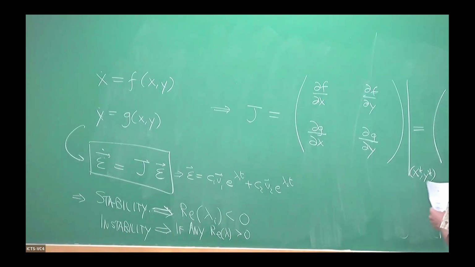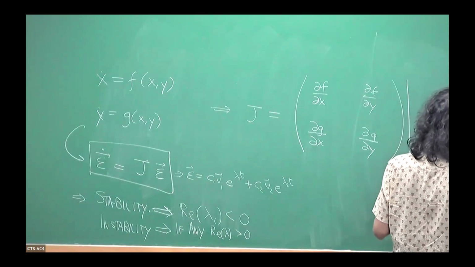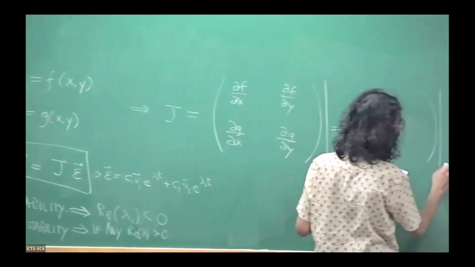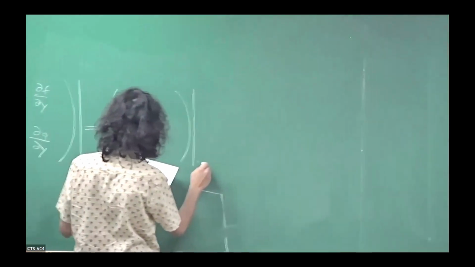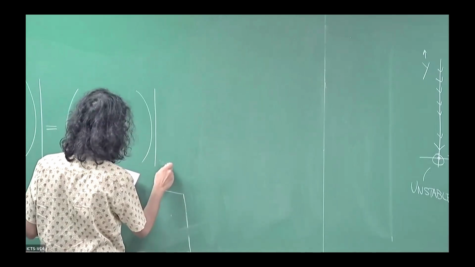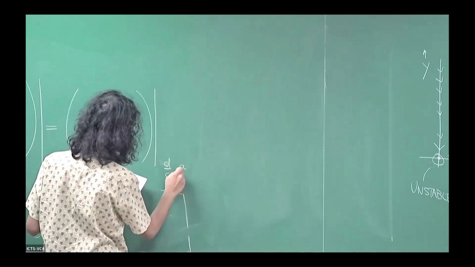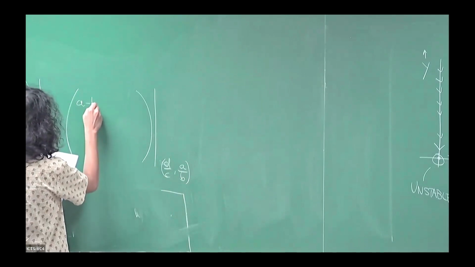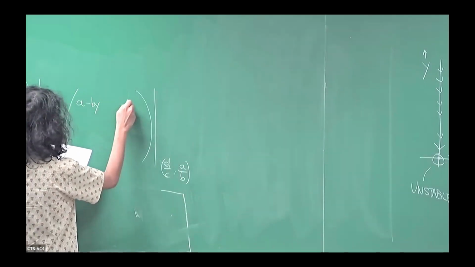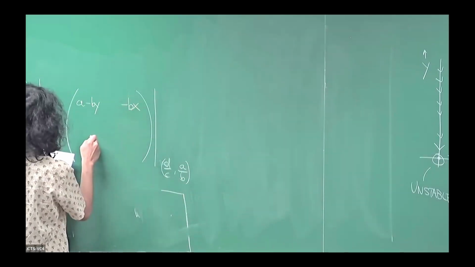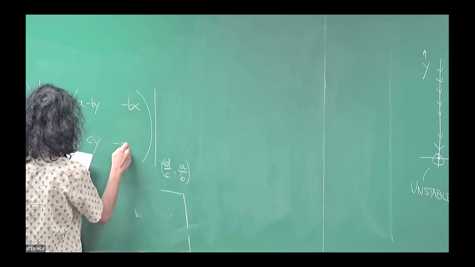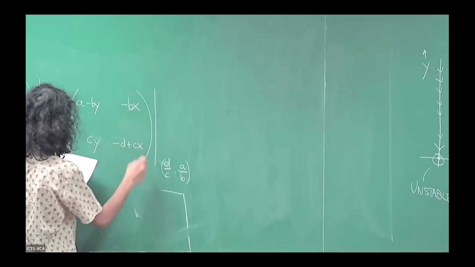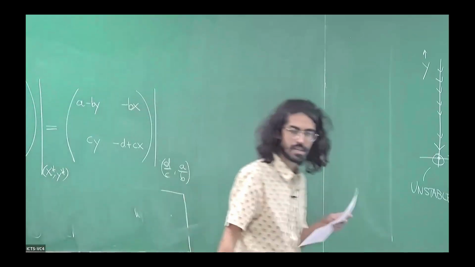Okay, let's write the general one and then we'll compute it at our fixed point. So our fixed point was what? It was D over C and A over B. And just check if I'm doing this right. Do people agree?